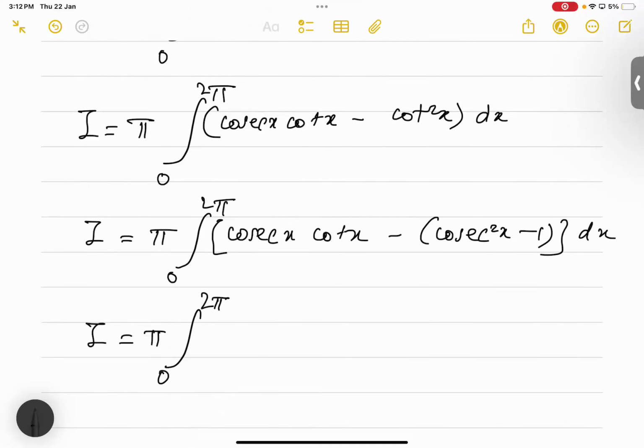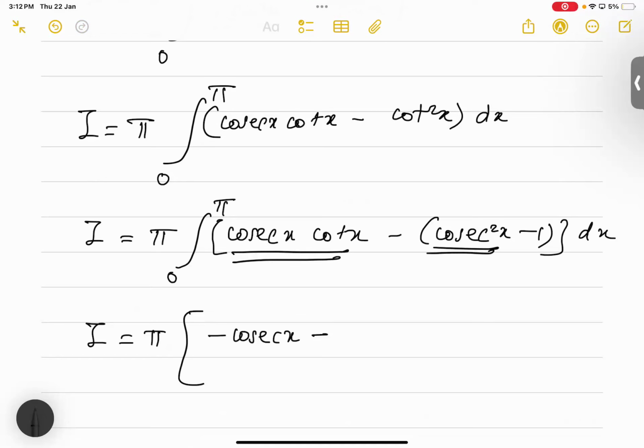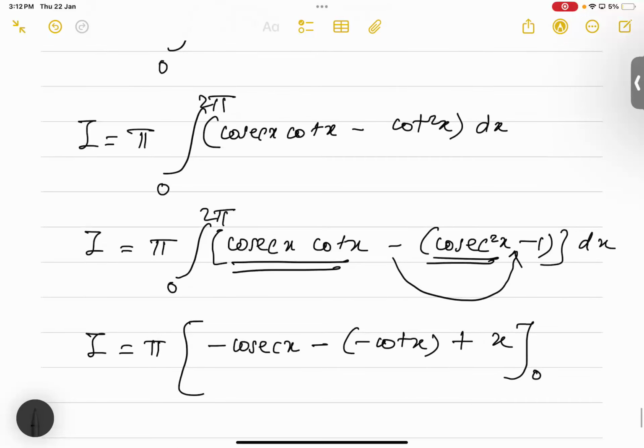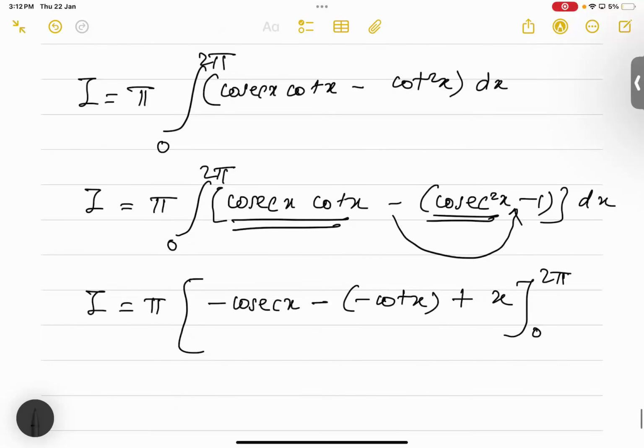Yes, just wait. Cosec x cot x is what? Minus cosec x. Right? What is cosec square x? Minus cot x. This minus and this minus is plus x, 0 to 2 pi.